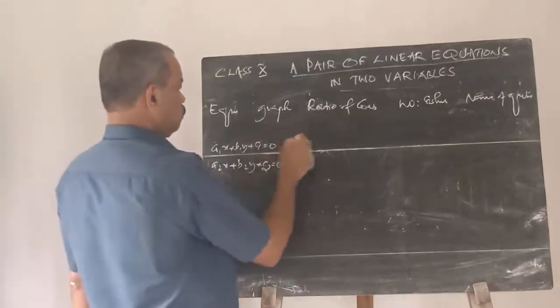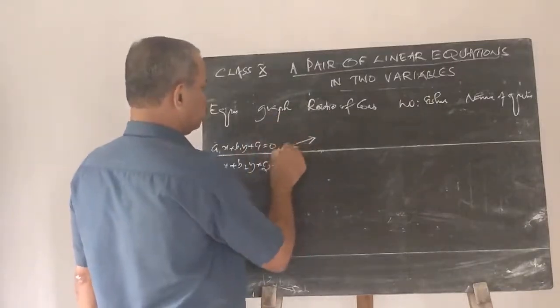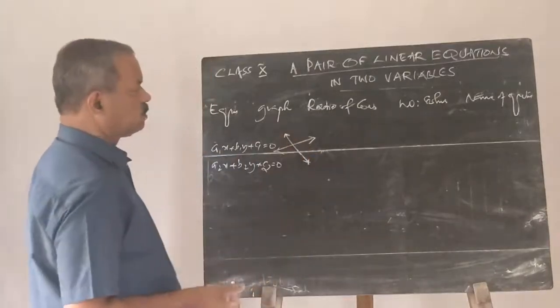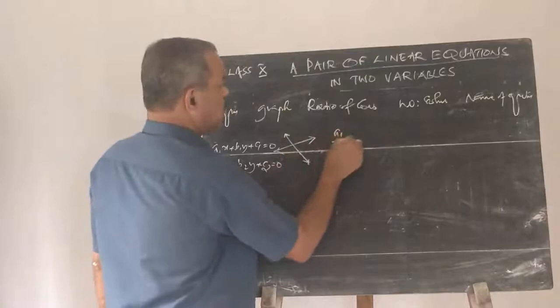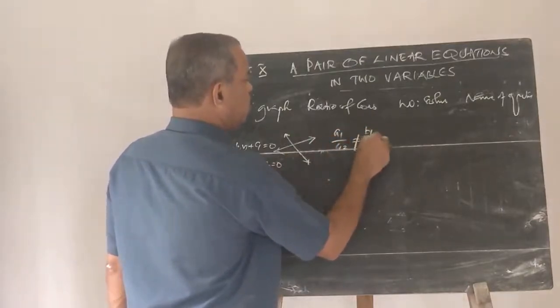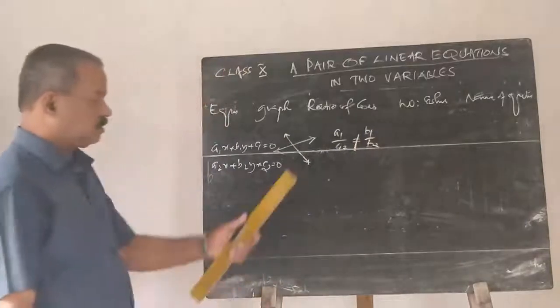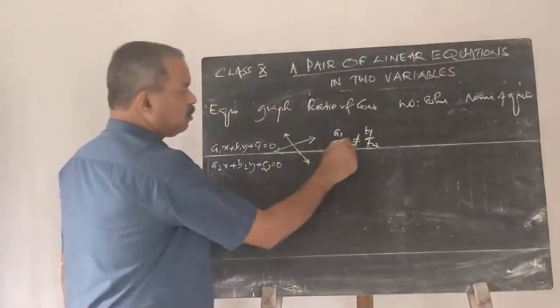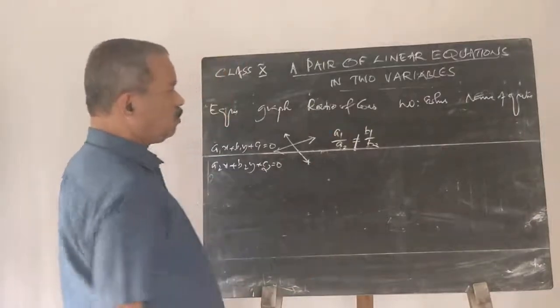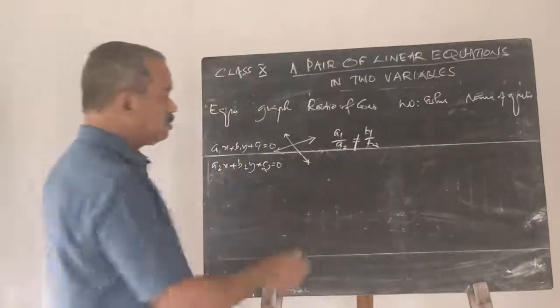Graph: intersecting lines. Ratio of coefficients: a1 by a2 not equal to b1 by b2. Nature of the ratio of coefficients: a1 by a2 is not equal to b1 by b2. Then how many solutions?